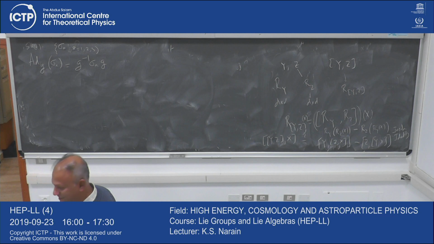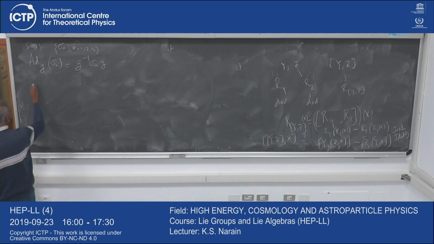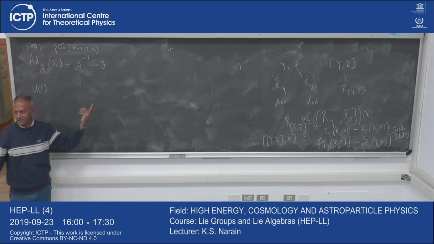Suppose I started with U(1), which is even easier than SU(2). It's trivial, because everything commutes. This is at the level of the group, but at the level of the algebra it was simply the commutator, and the commutator is all 0.